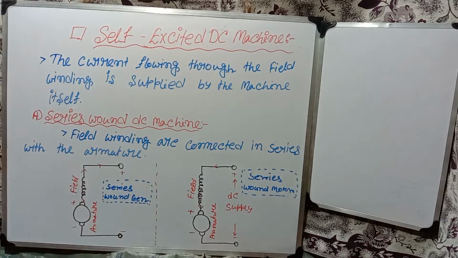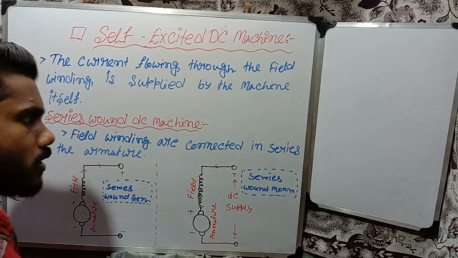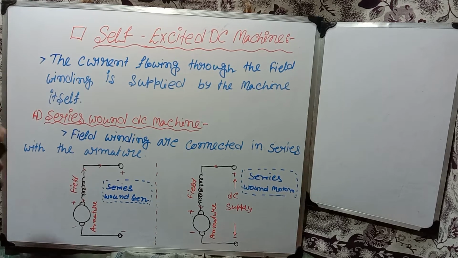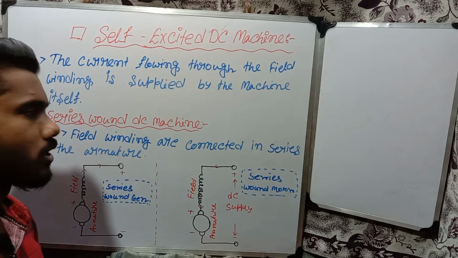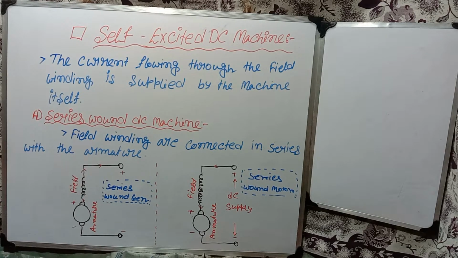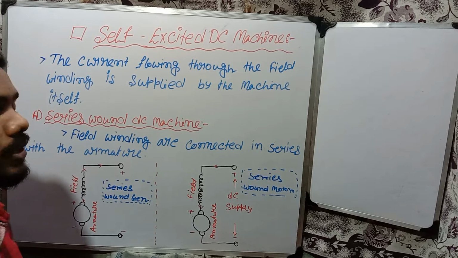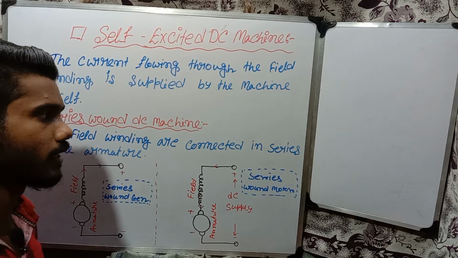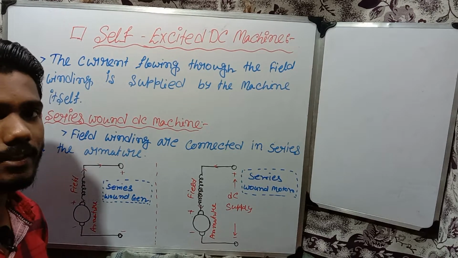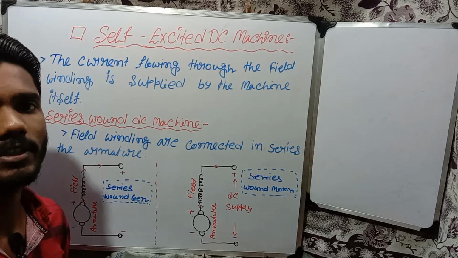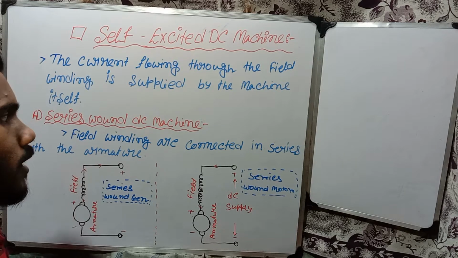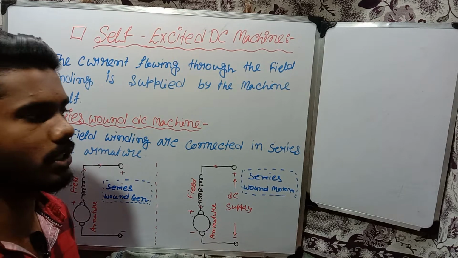So the first one is series wound DC machines. So let's see what a series wound DC machine is. If the field winding is connected in series with the armature, then we call this machine a series wound DC machine.